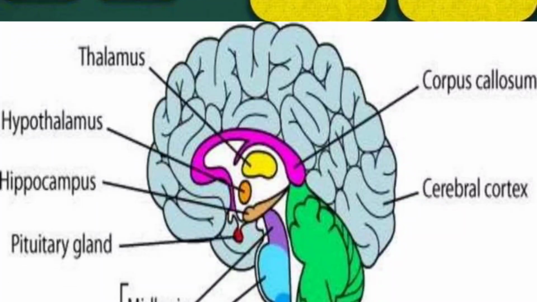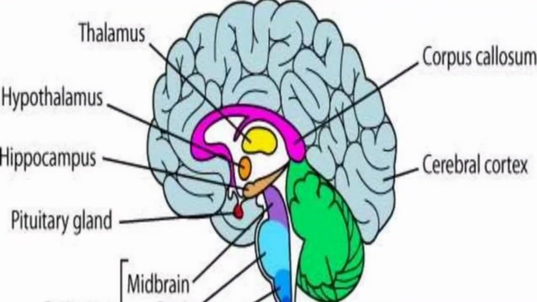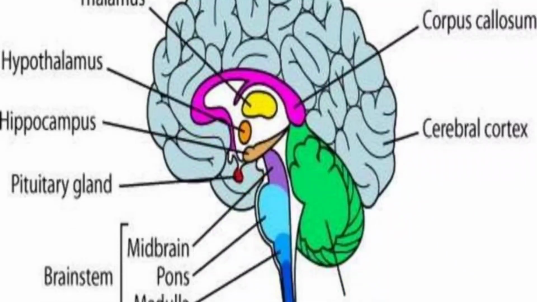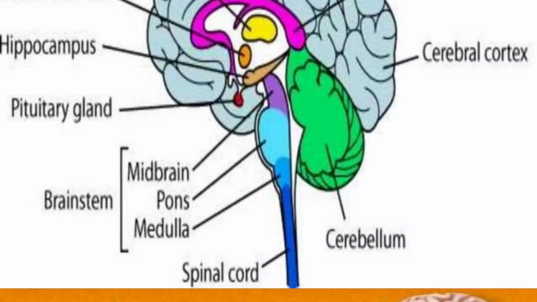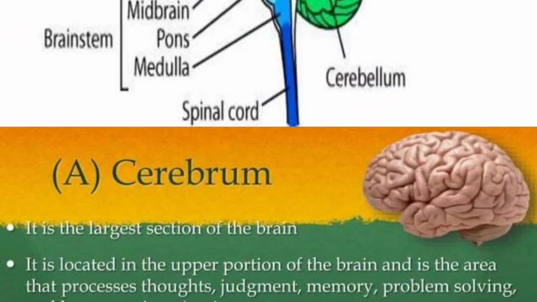This is thalamus, hypothalamus, hippocampus, pituitary gland, corpus callosum, cerebrum, cerebral cortex, brainstem, midbrain, pons, medulla, spinal cord and cerebellum.